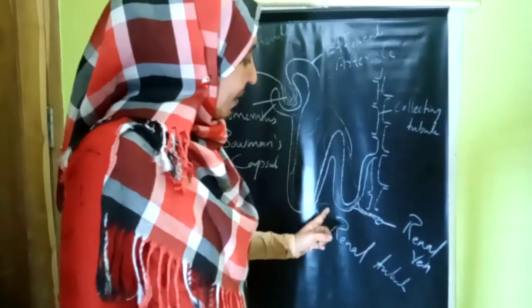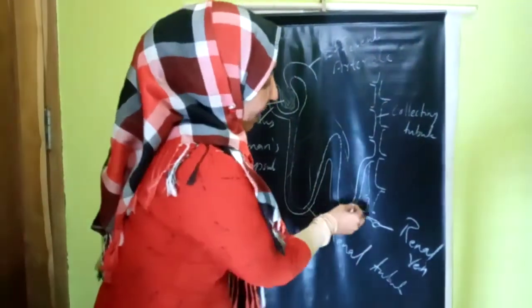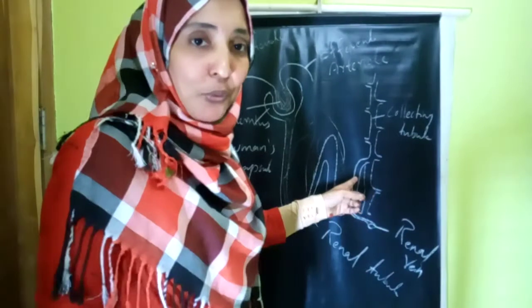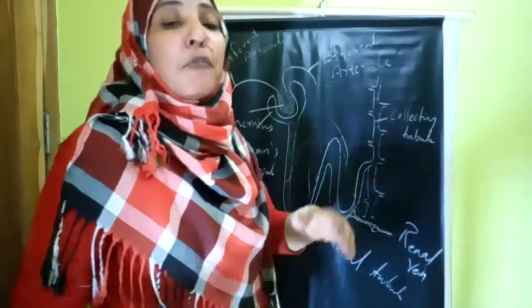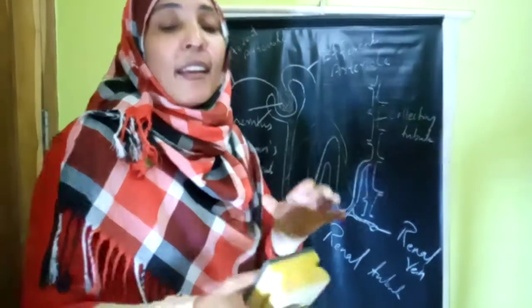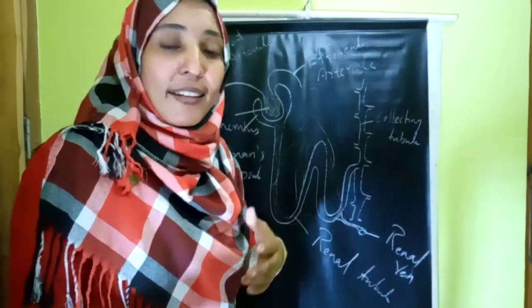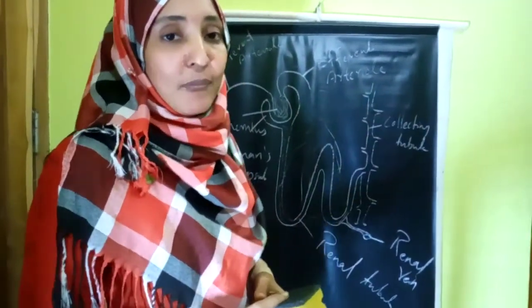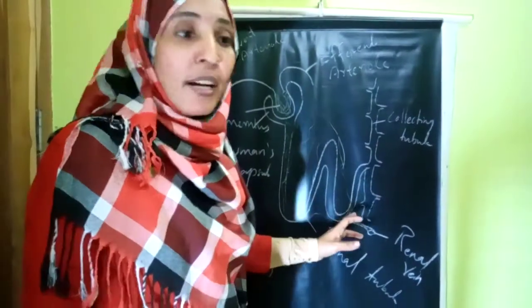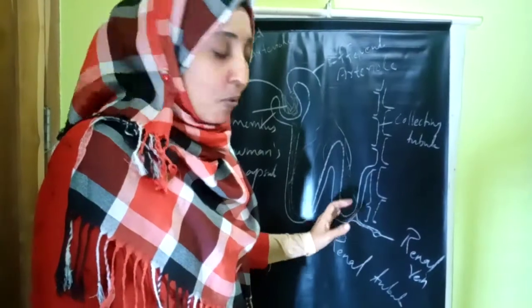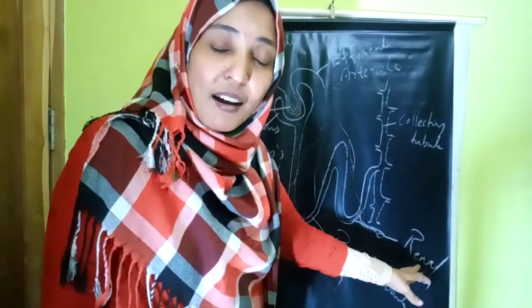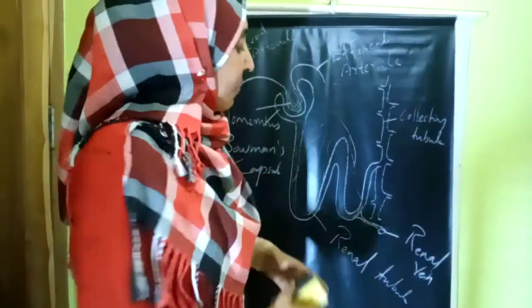At the same time, when the filtrate reaches the last part of the renal tubule, what is its composition? It contains extra water along with urea, creatinine and other kinds of waste. All unwanted materials will be there in the renal tubule, while all the useful components are absorbed into the blood.